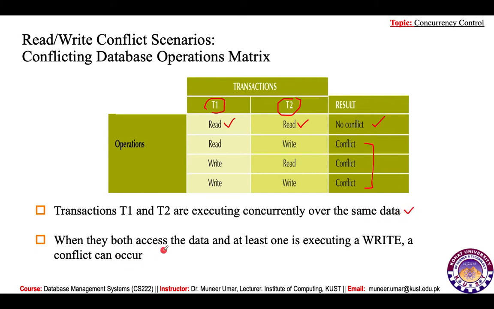When they both access the data and at least one is executing a write command, a conflict can occur. So if both are reading, then there would be no issue, and if any of these two is writing, then there would be conflict among these two transactions.